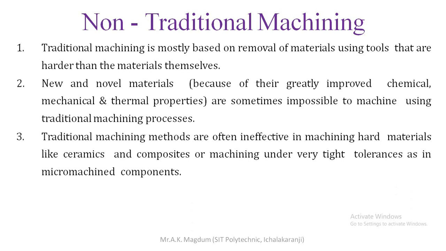Next, traditional machining methods are often ineffective in machining hard materials like ceramics and composites, or machining under very tight tolerances as in micro machined components. So this is the drawback of traditional machining. That we also overcome under non-traditional machining, because in traditional machining the limitation is what? Only when the tool is harder than the workpiece can material be removed from the workpiece surface.